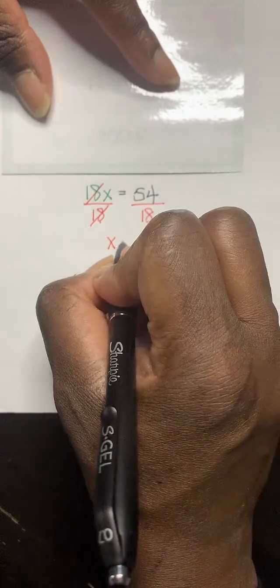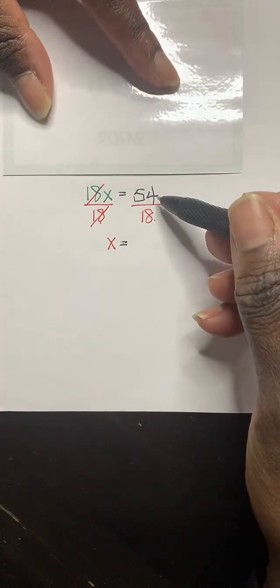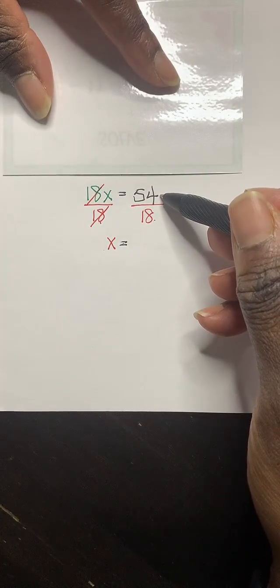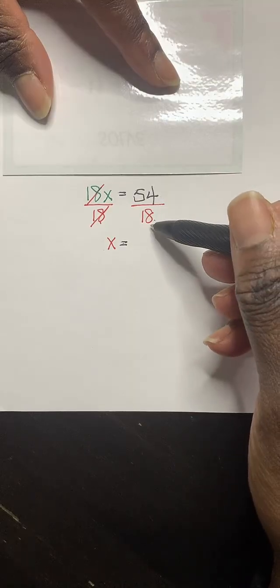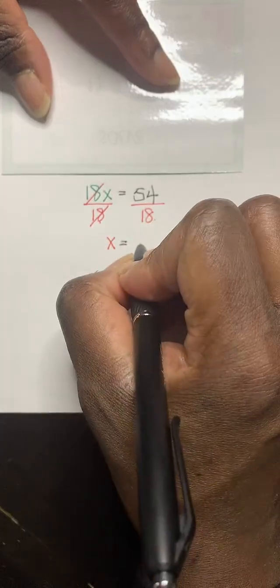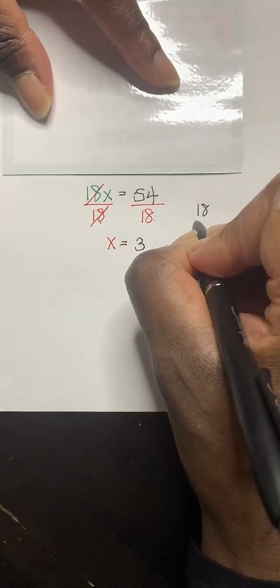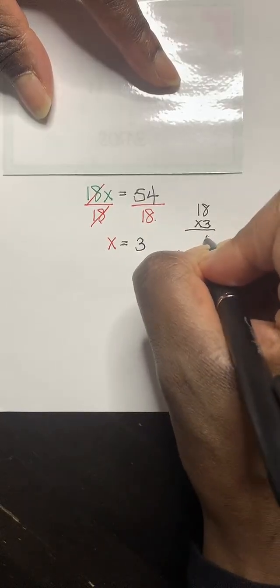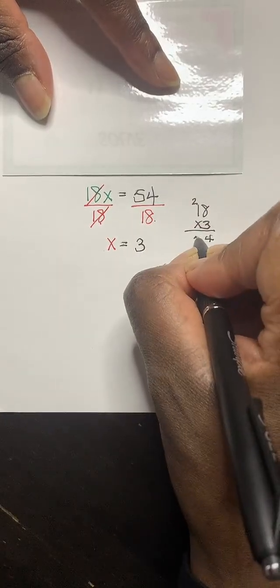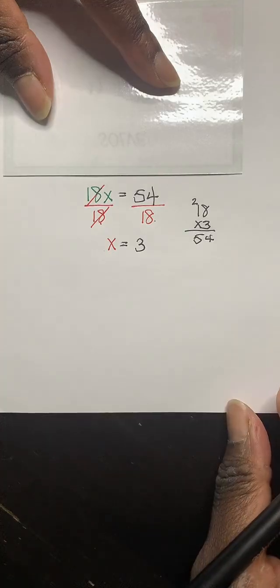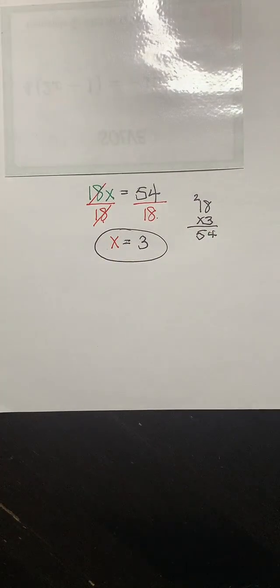So now we got to think, how many 18s can go into 54? If you said 3, you were correct. Because 18 times 3, carry the 2, will give me 54. So x equals 3.